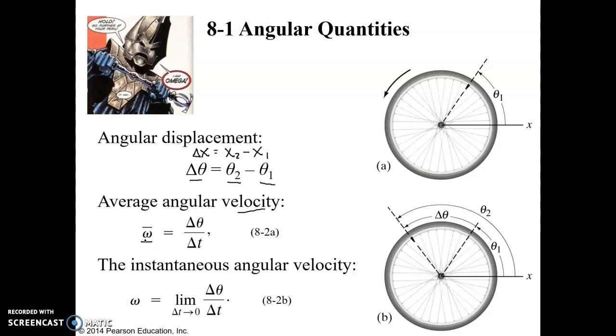And now instead of using a v for velocity, we are going to use omega. Omega is equal to change in theta over change in time. And this image up here is of a character named Omega. So I'd like to tell students to remember the actual Greek letter names.